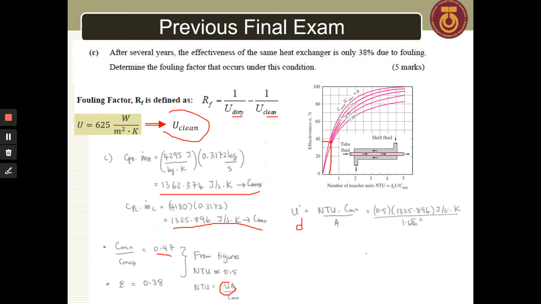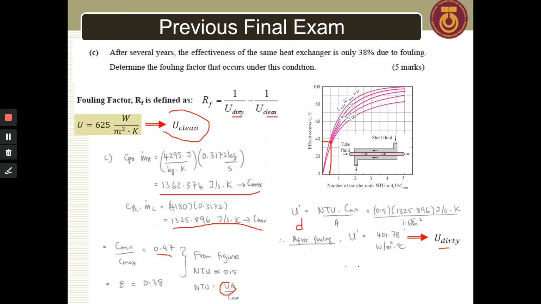You can calculate it, and after fouling you get the value of 401. You see that the overall coefficient becomes lower with fouling as compared to without fouling.